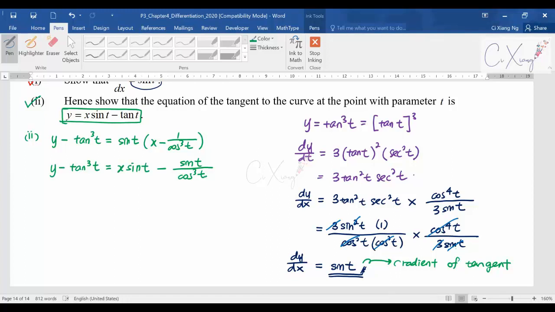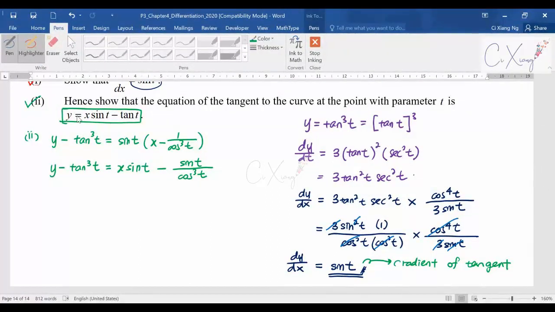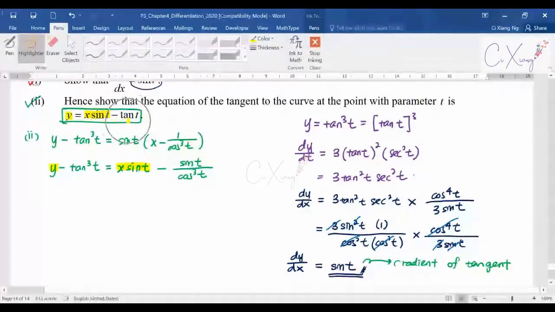After that, if you compare your step with the answer that they want you to find, y is there already, y is here. Can you see that? x sine t, we already have x sine t. So the remaining part now, you need to change to become negative tangent t.